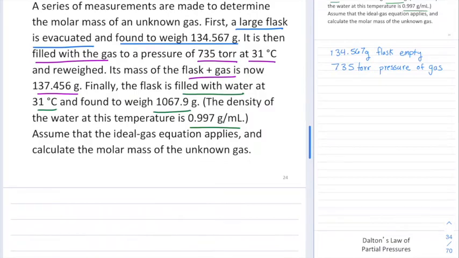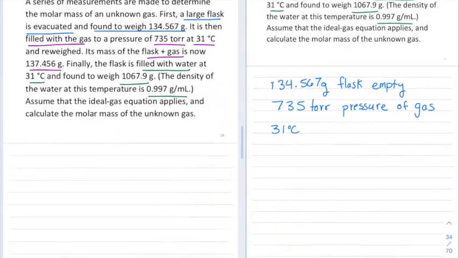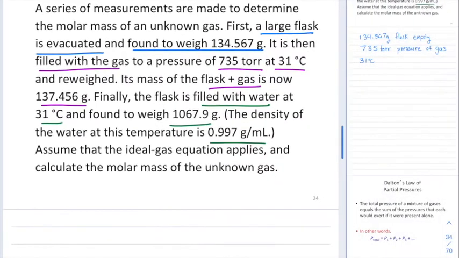So we're at 31 degrees Celsius. So let's write that down. So next up we have the mass of the flask plus gas at 137.456 grams. So this is the flask with the gas in it.